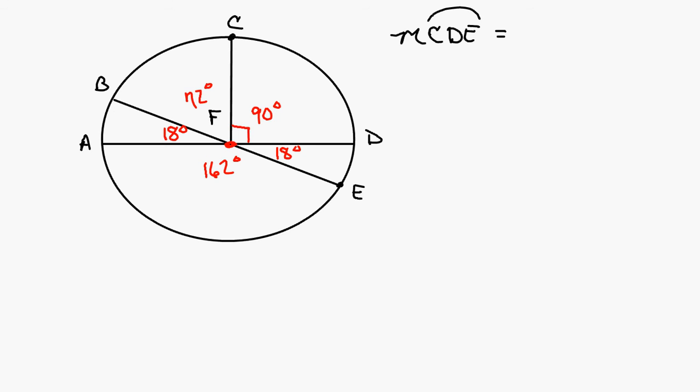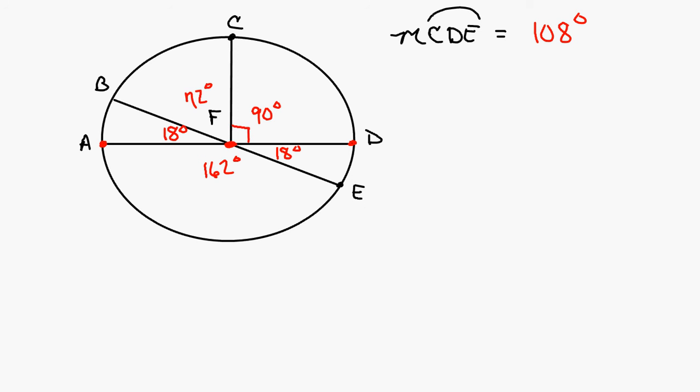They've all got to add up to 360. From point A to D, it went from one side of the circle to the other through the center, so that makes it a diameter. So it had to be 180, and if you subtract the 18, there's 162 of it left. So CDE, that's going to be 90 plus 18, which is 108.